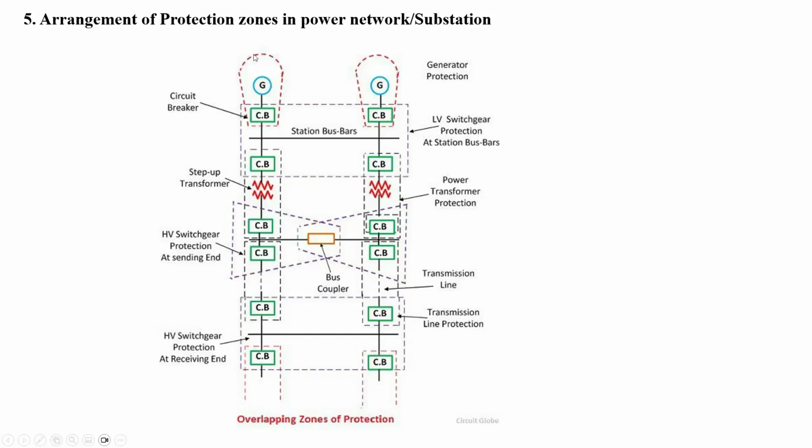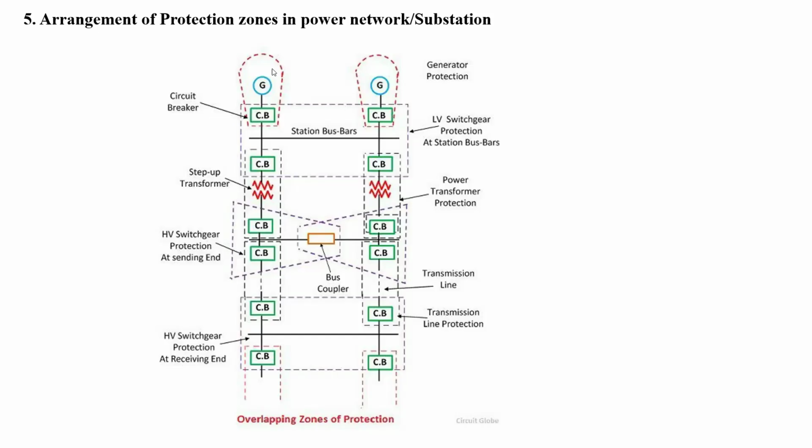If you check this, each and every place I'm overlapping one protection zone with the next protection zone, so that I'm not leaving even a small portion of the power system unprotected. If you leave that, and there is any fault in that particular zone, we generally call it a blind zone.